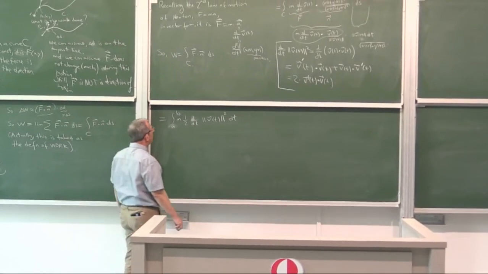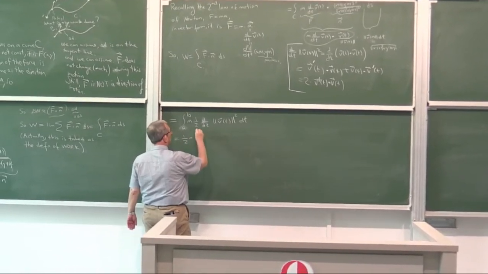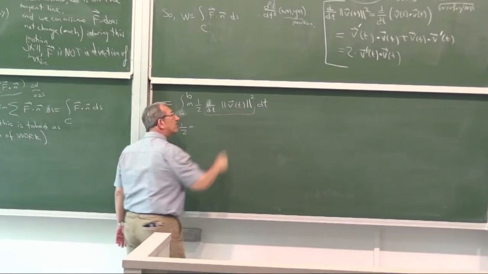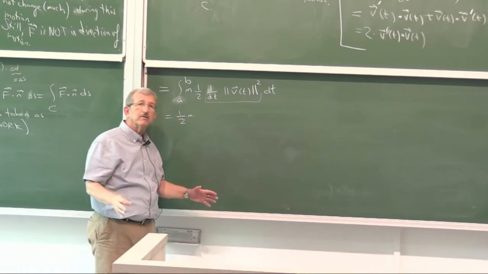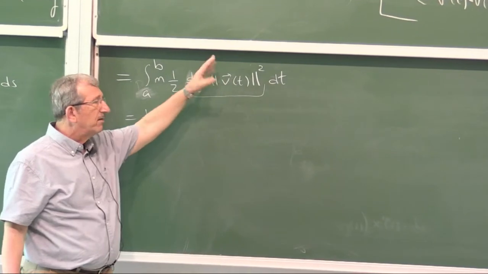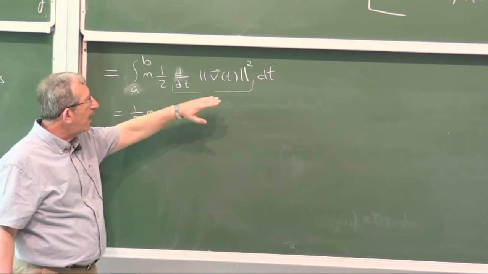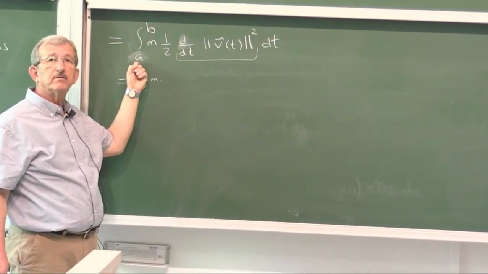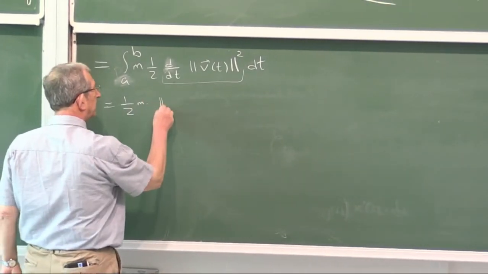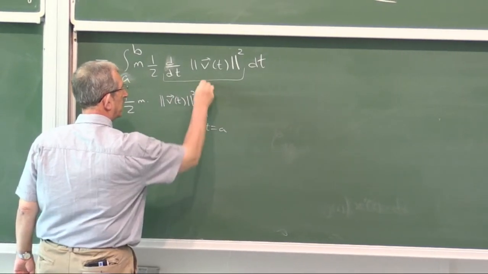Now, this tells me the following. It is 1/2 m. The remaining part is the derivative of a function of one variable, which is a scalar. It's not a vector anymore. We have the length squared. So if you take a scalar valued function of t, something like f of t, if you have the derivative and then you integrate, you get the same thing back. In other words, this is exactly the length of v of t squared from a to b.